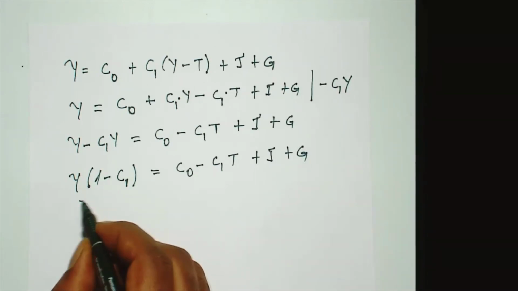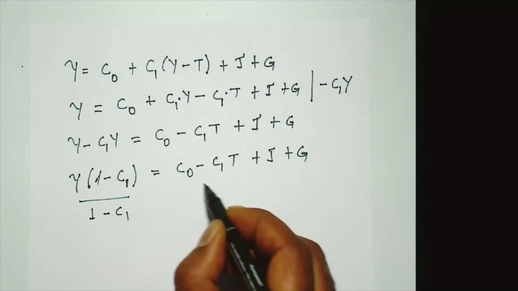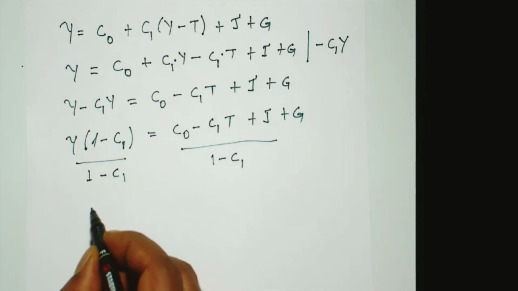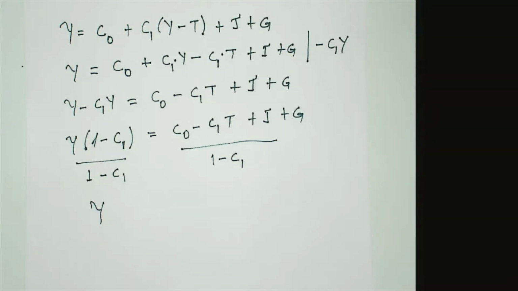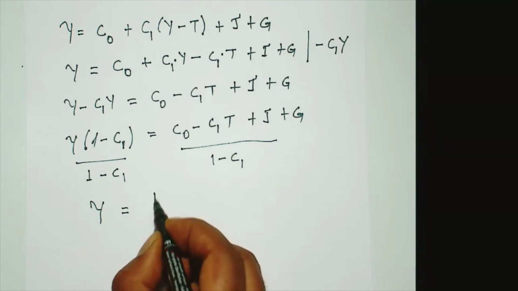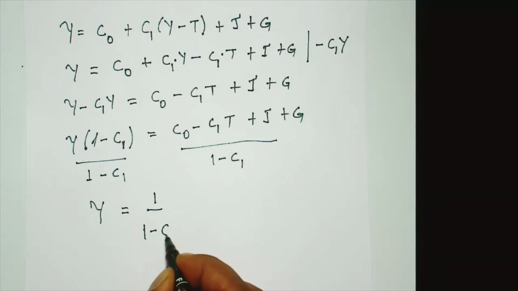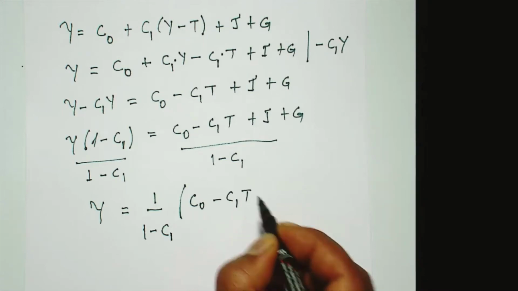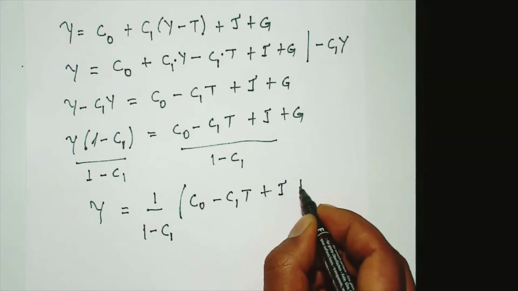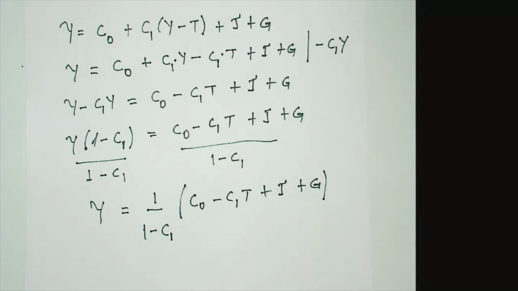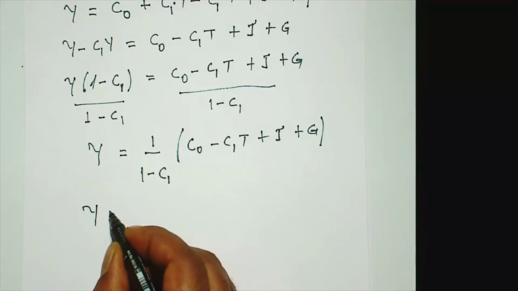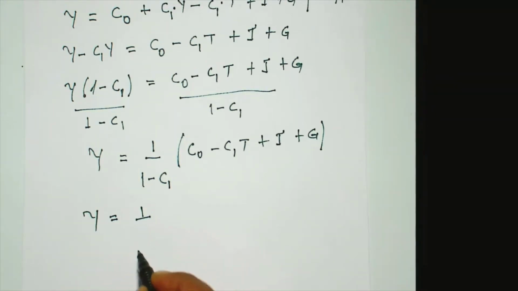If I divide both sides by 1 - C1, I would have my equilibrium level of income on the left-hand side, given by 1 over (1 - C1) multiplied by (C0 - C1T + I + G). So using the values given in the table, we can substitute them in this formula.